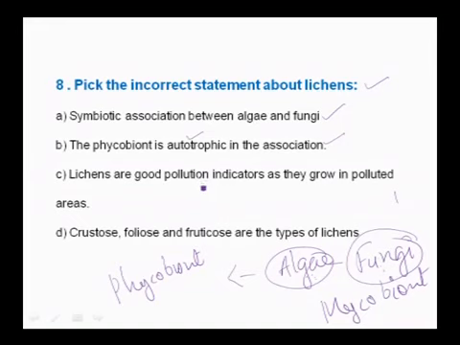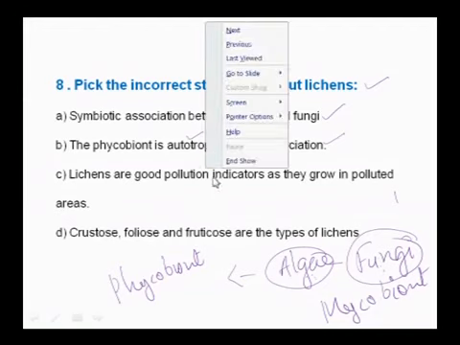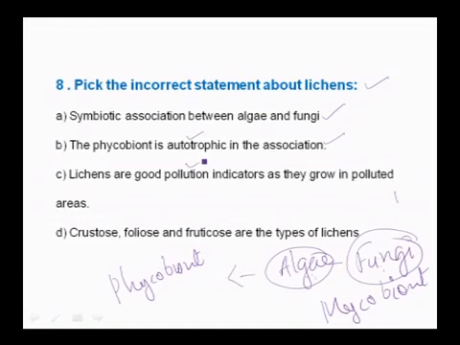Lichens are good pollution indicators as they grow in polluted areas. Let us look at this option carefully. At a look, if you see, lichens are good pollution indicators. This particular thing is a correct statement. It is indeed a good pollution indicator. It indicates pollution. But how is the next question? Lichens indicate pollution by not being present in polluted areas.